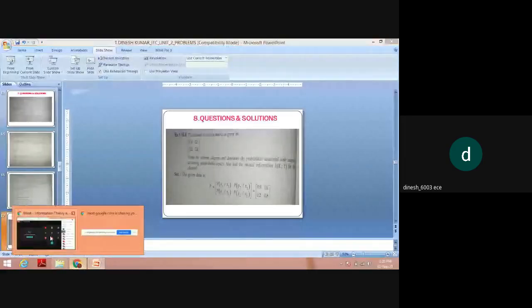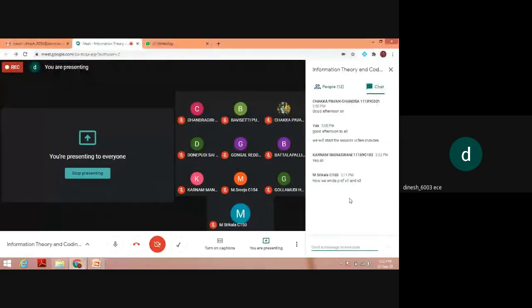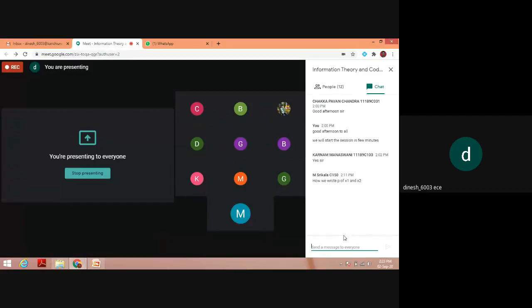So any doubts? How we wrote P of X1 and X2, it is an assumption in this problem.